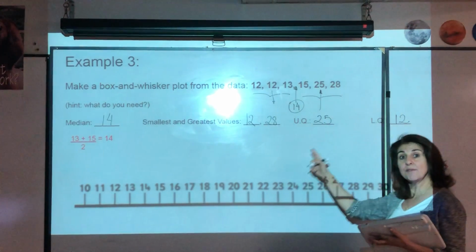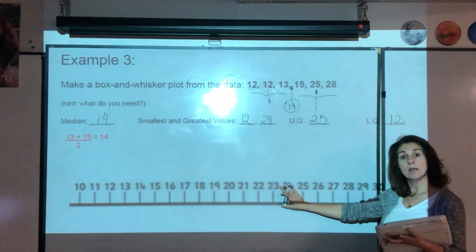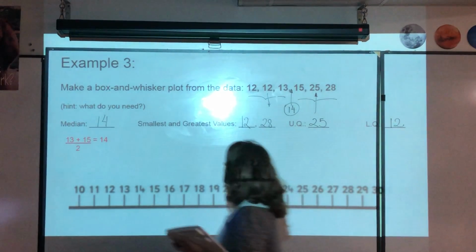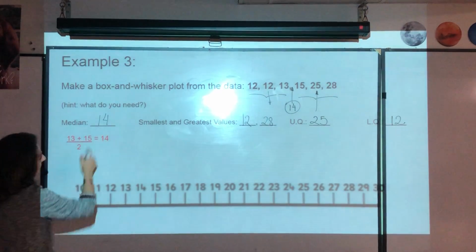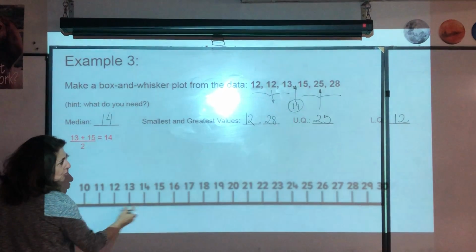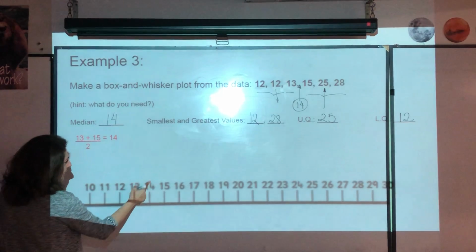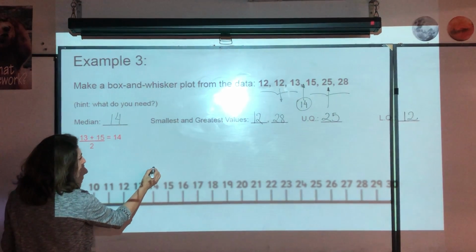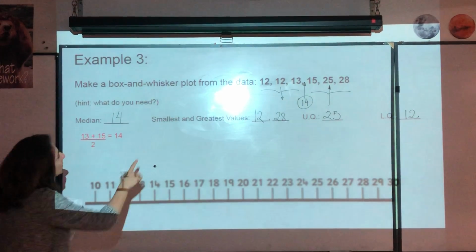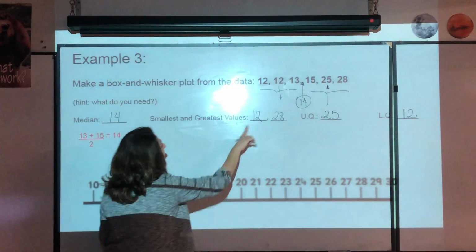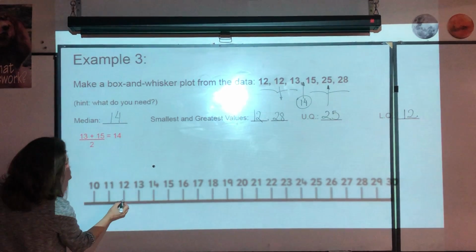So now with this information, I can build my plot right here. Let's start with the median. The median is 14. So I come to my number line, 14, I mark it right here. The smallest and greatest values. The smallest one, 12.